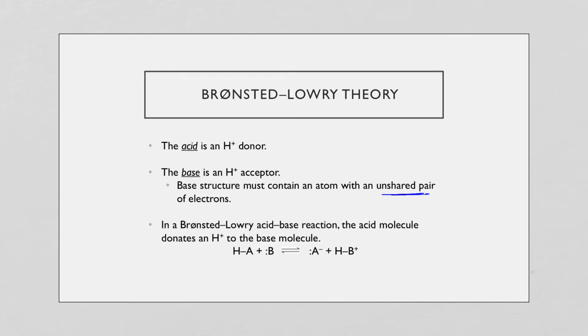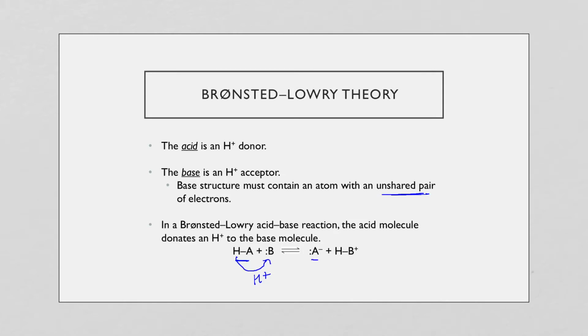And so if we think about it, this is kind of what's happening. We have our acid here, right? We have our hydrogen as part of our acid. That hydrogen is going to be lost or donated to our base, which is going to have this lone pair of electrons. So we think of the H plus moving from the acid to the base.